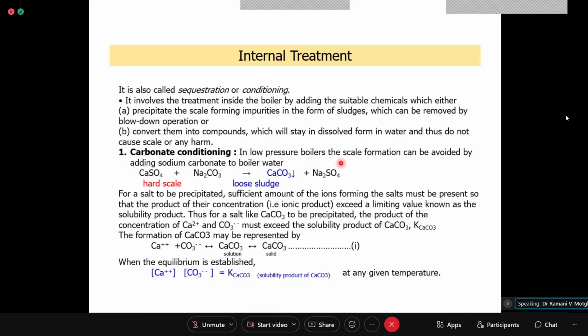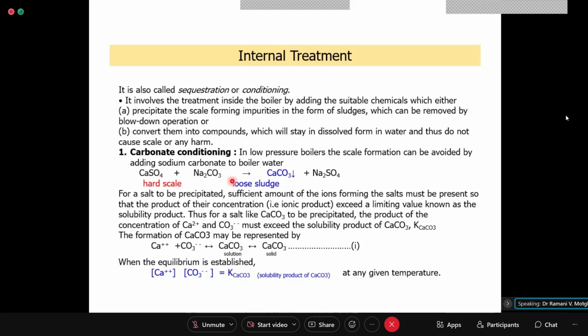In low pressure boilers, the scale formation can be avoided by adding sodium carbonate to boiler water. If there is water which is saturated with calcium sulfate, due to continuous evaporation, then you add sodium carbonate to it.